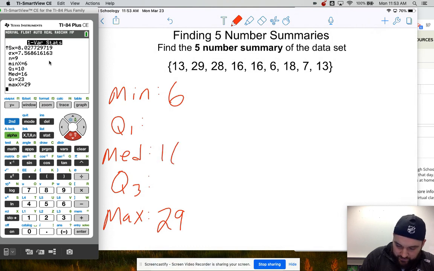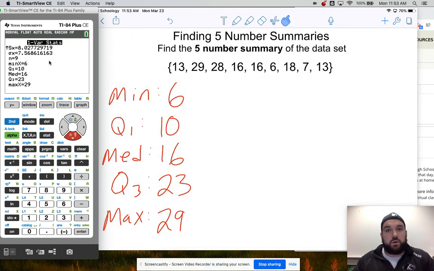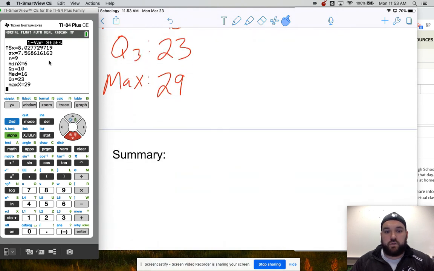The median is 16. Then Q1, which again is the median of the lower half, is 10. And Q3, which is the median of the upper half, is 23. Okay. So the 5-number summary is valuable information because we're going to use that to make what's called a box plot in the next video. But the calculator can do the work for you, which is super nice.